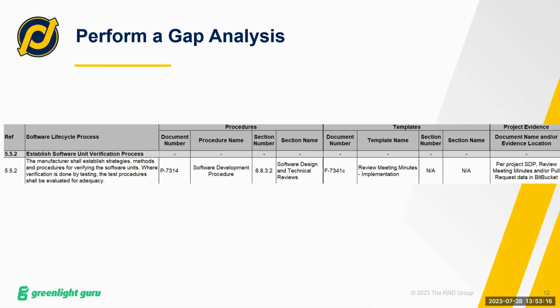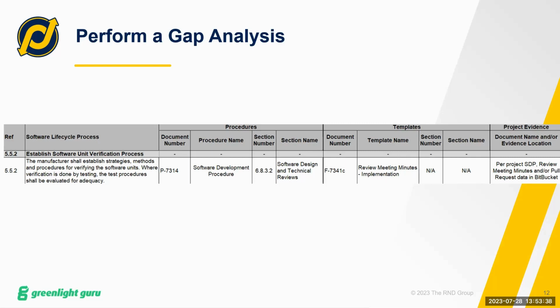But we're using Bitbucket on some of our projects, and we are allowing code reviews through Bitbucket. And so we're keeping track and providing that evidence in a pull request. And so that's why in the project evidence, I have in there that it's going to be either meeting minutes or pull request, or it could be some combination of the two.